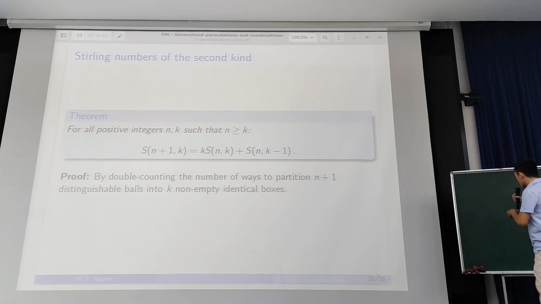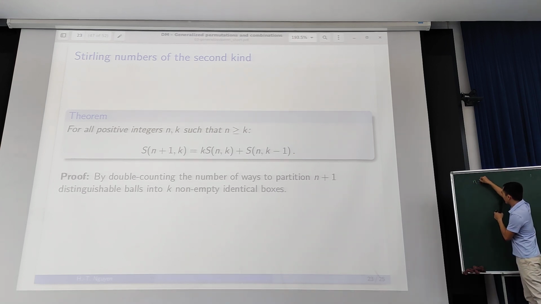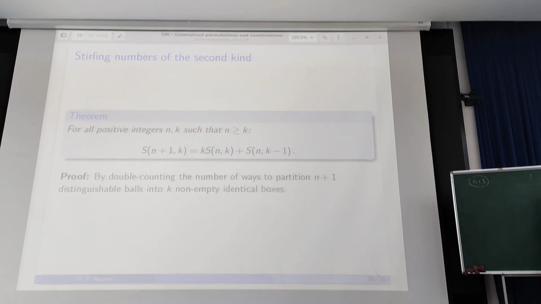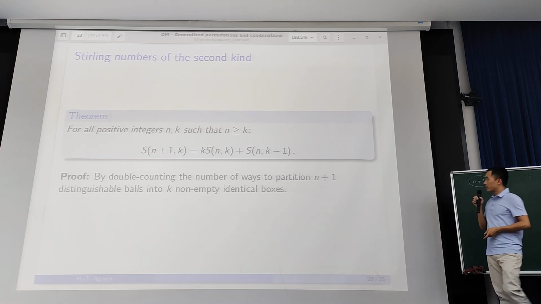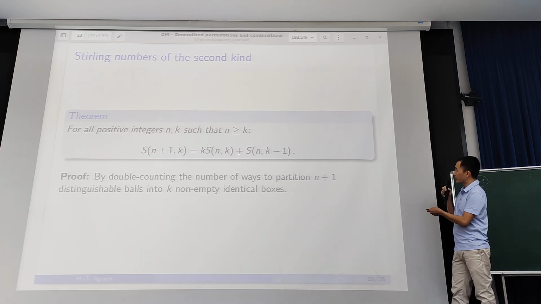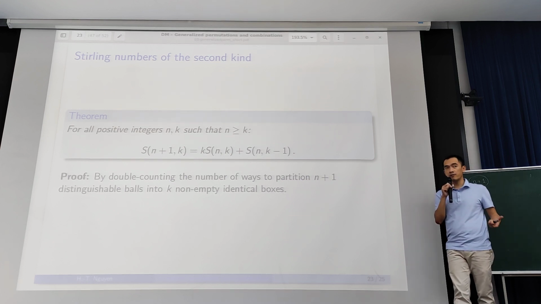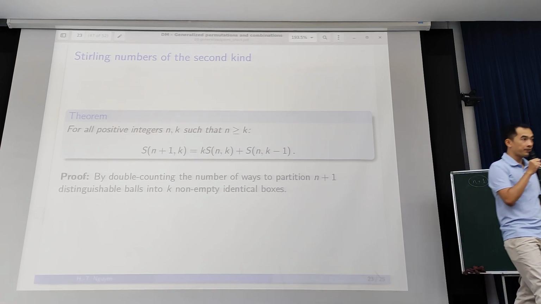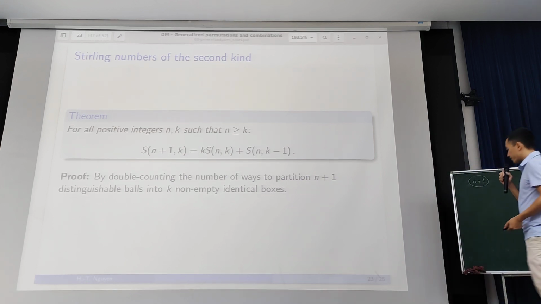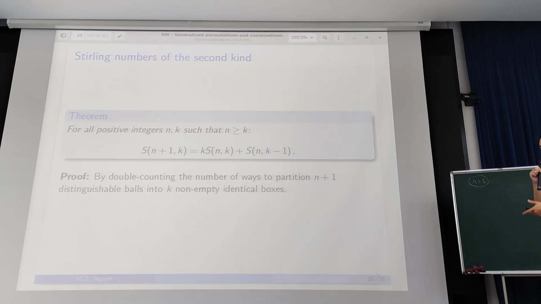So if we single out the last ball, so let's say that we look at the ball number n plus 1. So the plus here, remember when we apply the sum rule, that means that we have two different cases. Okay? So if you remember when we have something similar to the Pascal identity, we count the number of subsets.